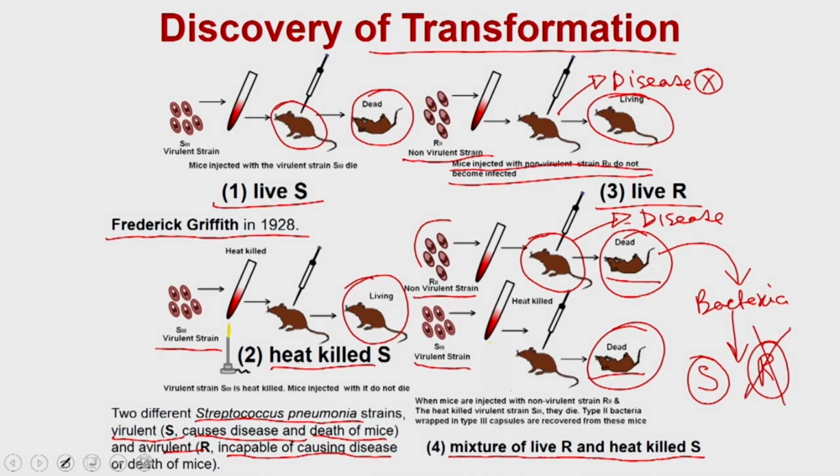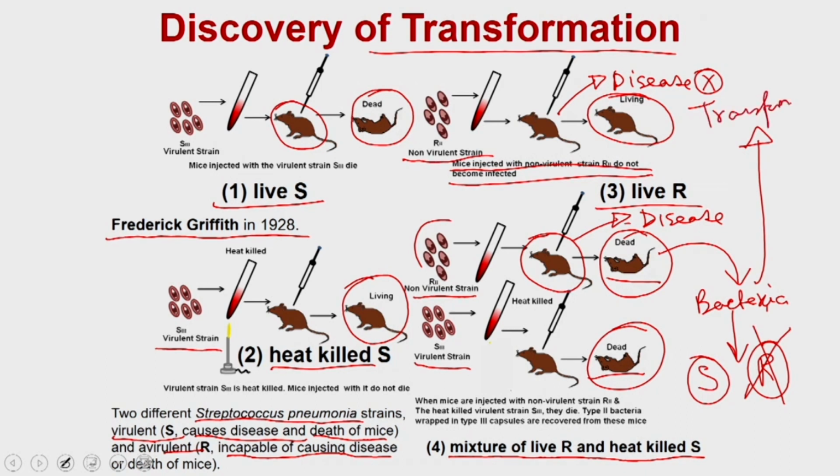So, this S strain was live S strain, which means the live non-virulent strain has taken up the DNA or the transforming agents from the virulent strain, and that is how the non-virulent strain becomes the virulent strain, and that is how it developed the disease in the mice, and that is how it caused the death of the mice.